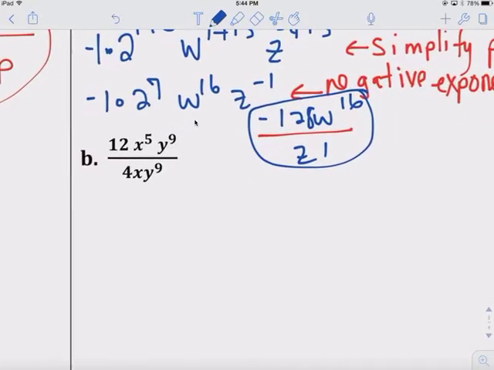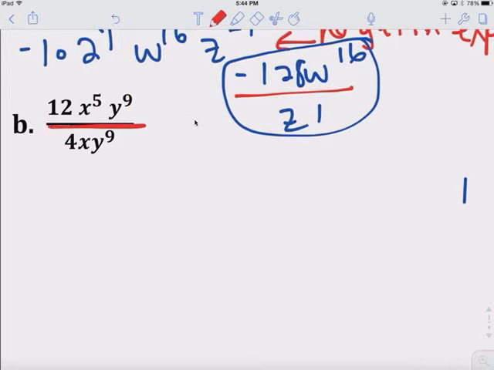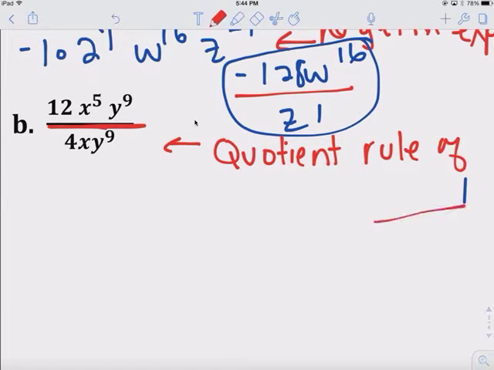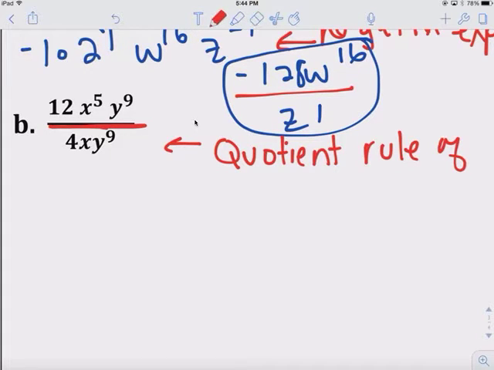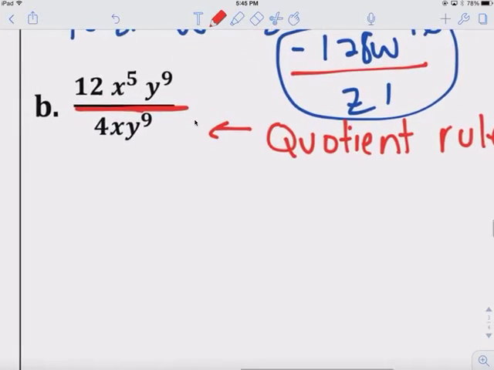Those are the rules. Okay, this one's easy. You do the quotient rule. This is division. Division is called quotient. You do the quotient rule of powers. You take that, 12 divided by 4 is 3, right? 3 over 1, 3.